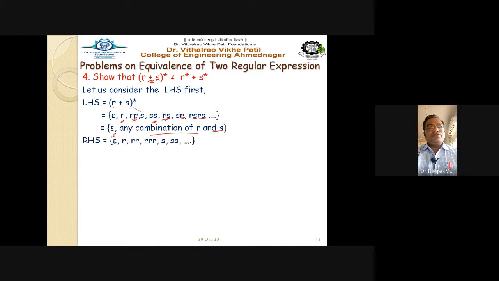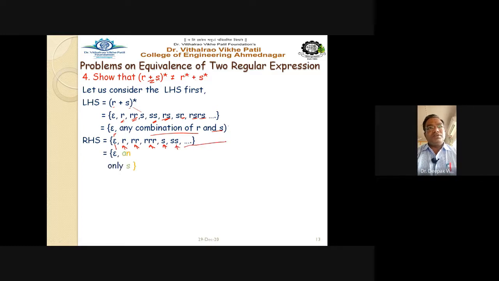But what is the case on the right hand side? If I expand this regular expression on the right hand side into the set of strings, I will get the empty string, the second string is R, third is double R, then triple R, next is S, double S, and so on.